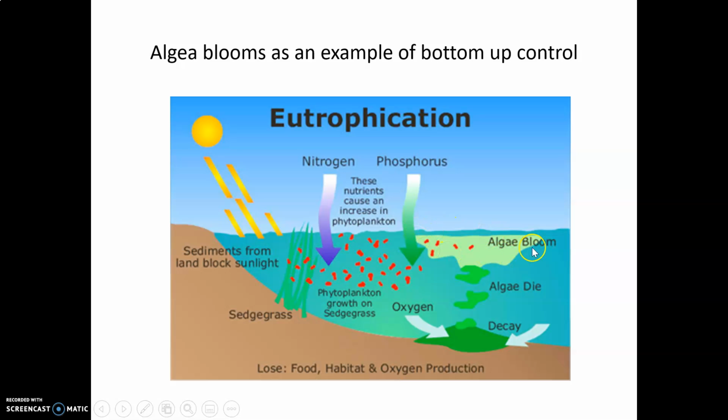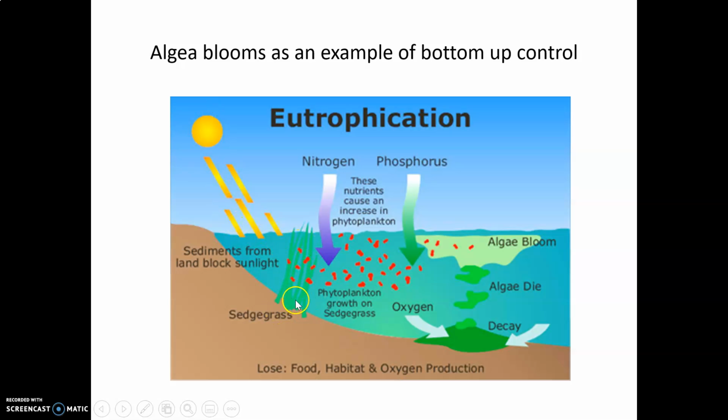Another bad thing about algae blooms is that they would sometimes cover the surface of the pond entirely, so that other plants living at the bottom of the pond would not be able to get the sunlight that they need.